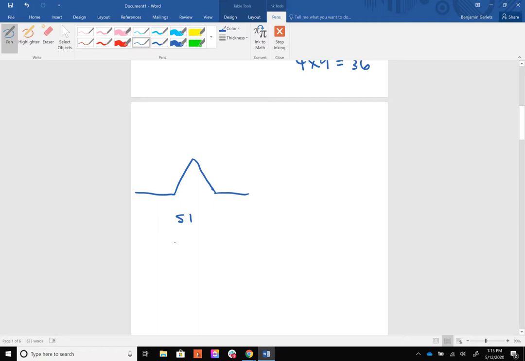So if I'm going from stage 1, which has a total of 36 units, and I want to go to stage 2. So I've got distances of 9 here. And what I'm going to be doing is taking a third of each segment. So I'm going to break each of these into thirds. And this is how fractals work.